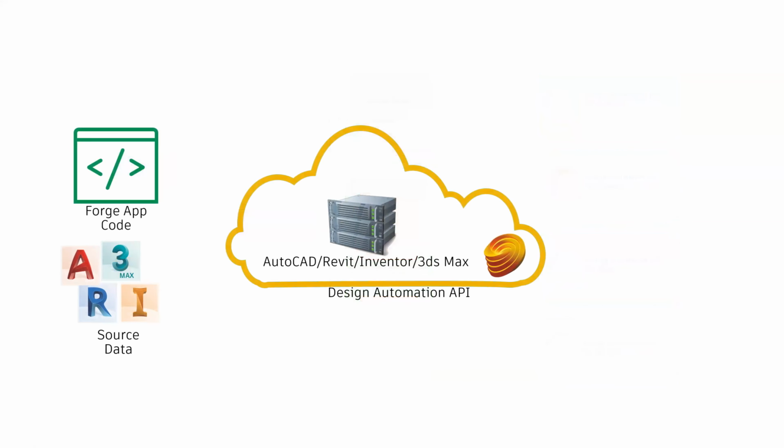Now we understood the architecture, but let's understand how it works under the hood. So you as a developer need to make sure the source data is available, and a Forge app code, that is your custom logic code that you want to run against any of the source data, that will allow us to execute on behalf of you.